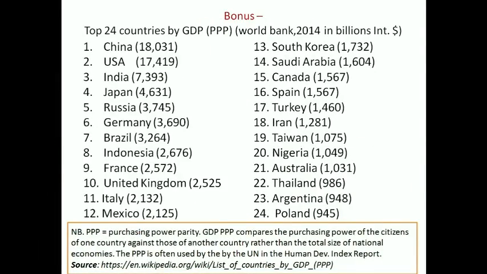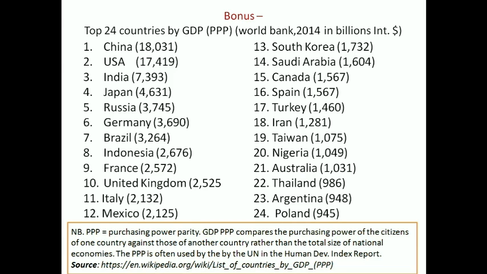This is a bonus. This is a 2014 World Bank report of the top 24 countries by GDP PPP. PPP is the purchasing power parity. The UN often uses the PPP as an indicator for human development, called the Human Development Index.